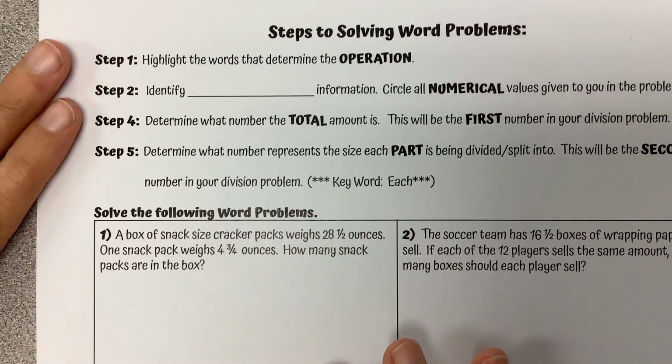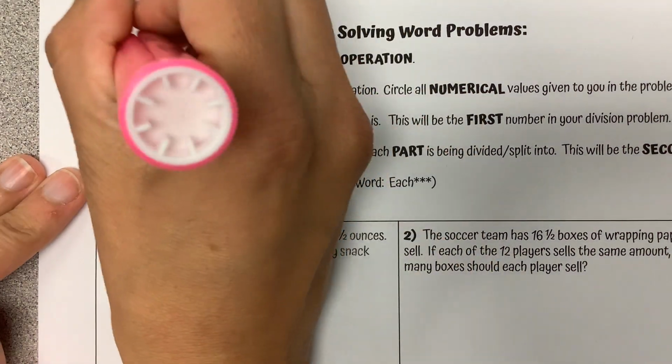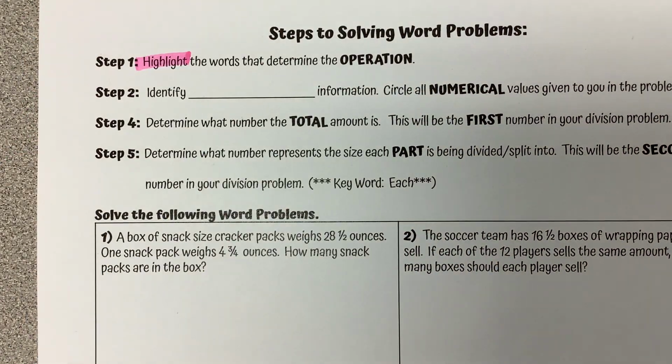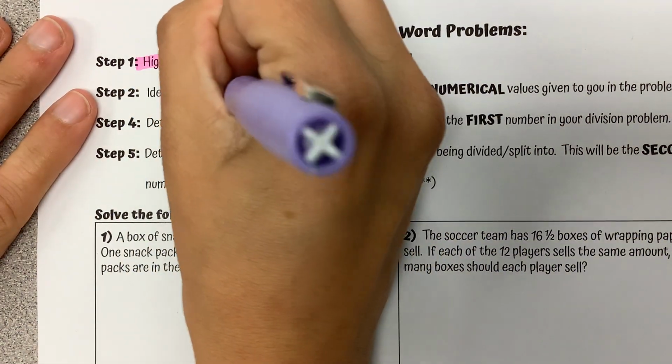So our steps to solving word problems. Anytime we have word problems, we always want to highlight that operation, the words that determine that operation. Then we're going to identify key information.